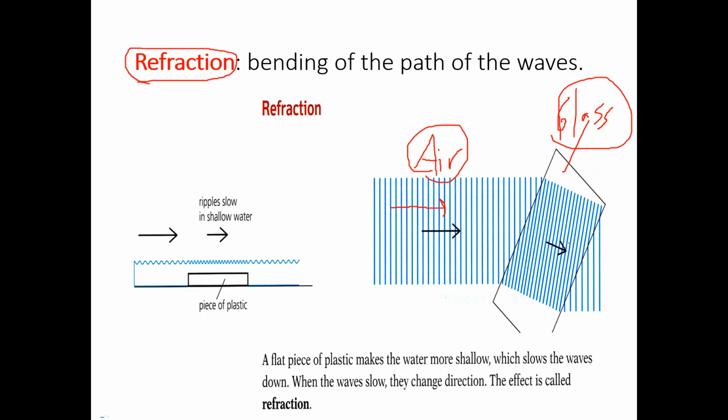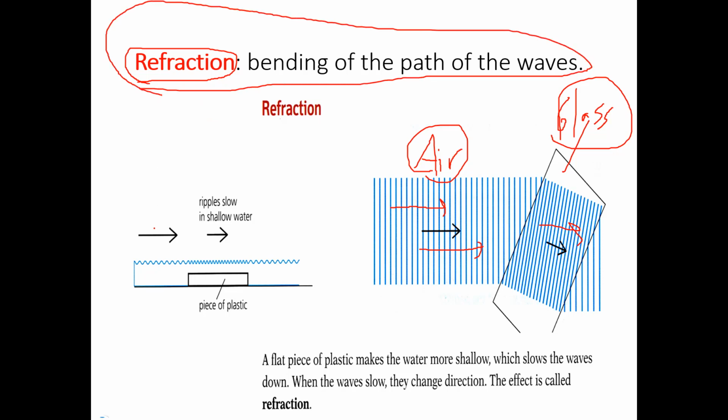So here this was the direction, it must go in a straight line, but when it passed through a piece of glass, for example, it will start bending. It was straight, but here it's bent. So this is what we mean by refraction, the bending of the path of the waves.